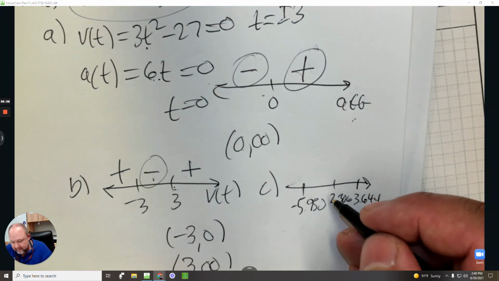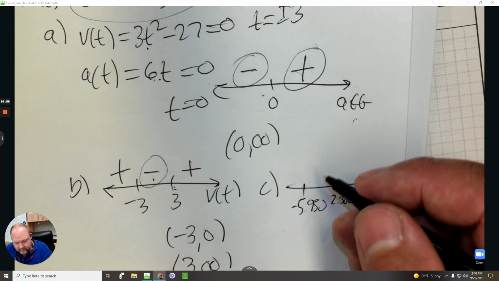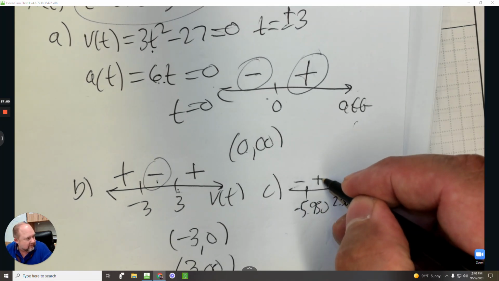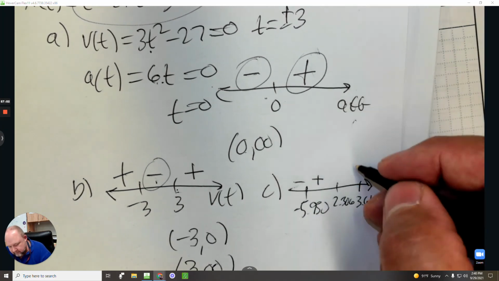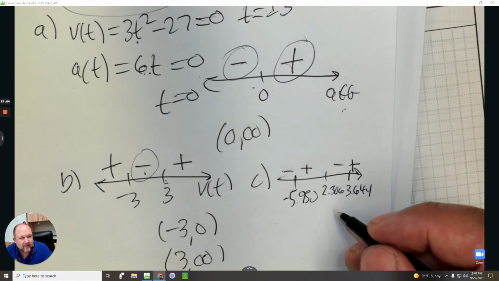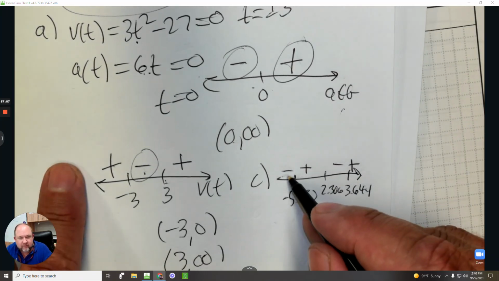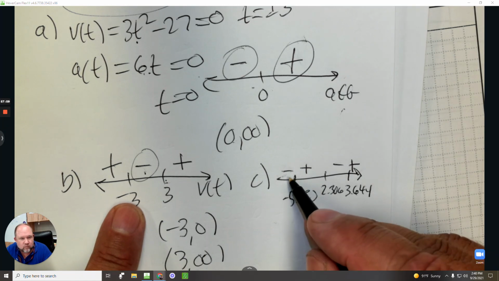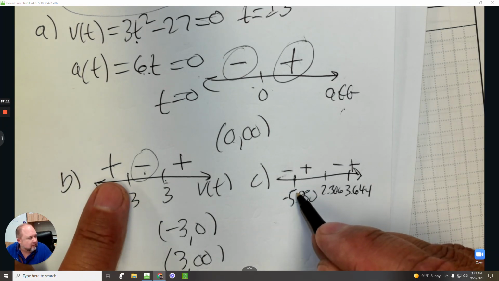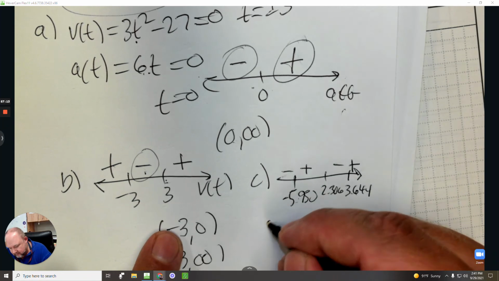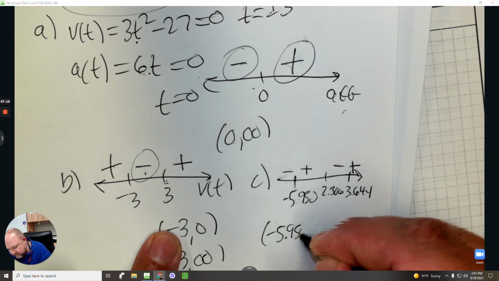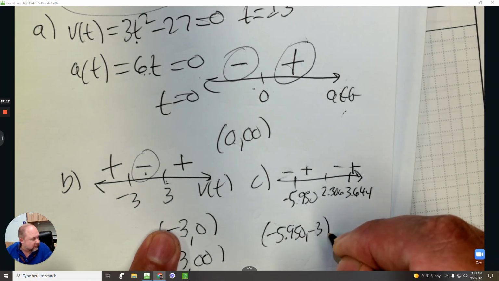And if I use that and plug it in terms of signs, it goes negative, positive, negative, positive in terms of that. So the signs are the same, not there, from -5.59 to -3, the signs are the same.